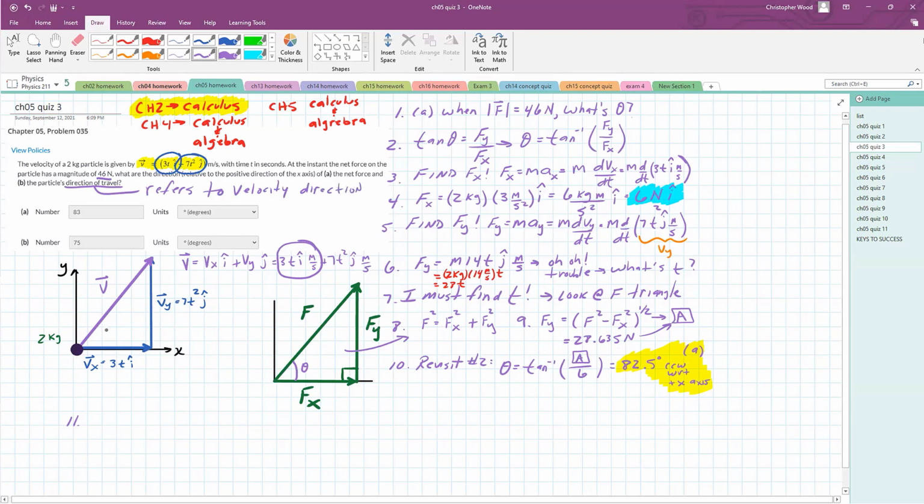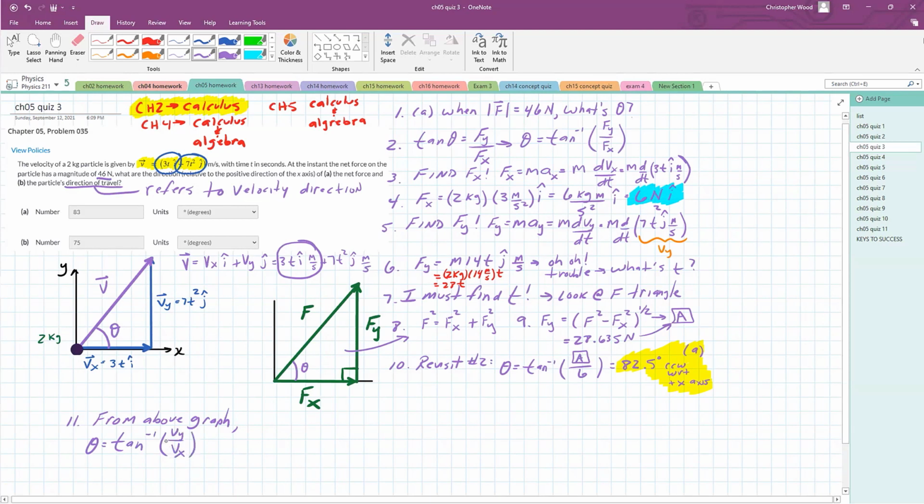So really here's the theta now that we have to find. From the graph above, you can see that theta, once again, I can say is arctan of Vy over Vx.